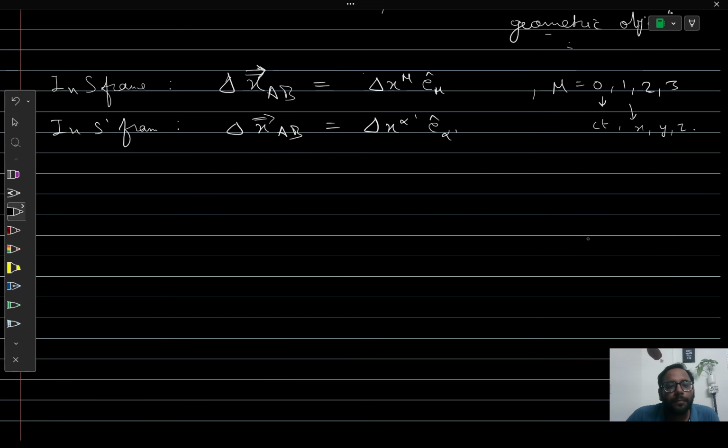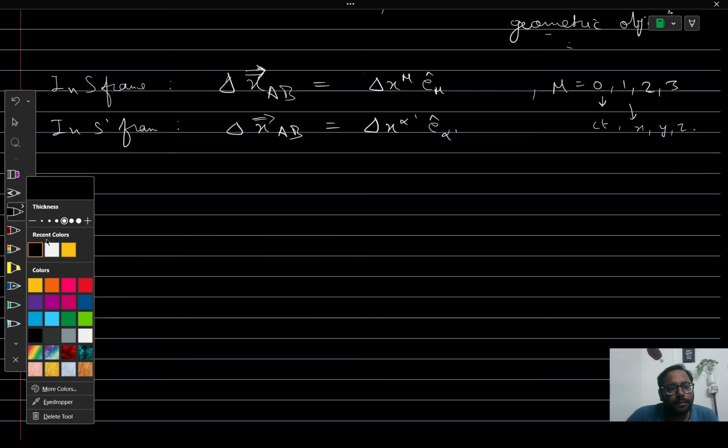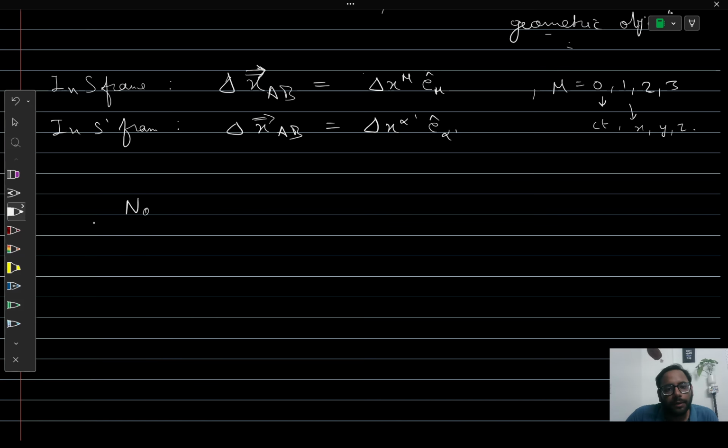Note that previously we wrote Lorentz transformations as prime equals this, the Lorentz transformation matrix.